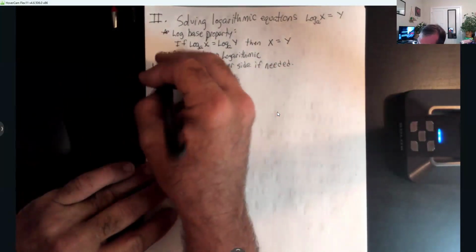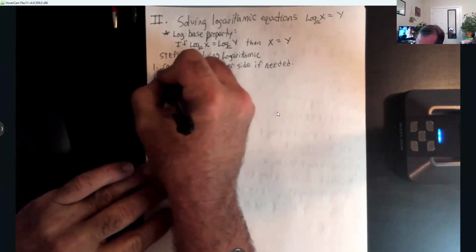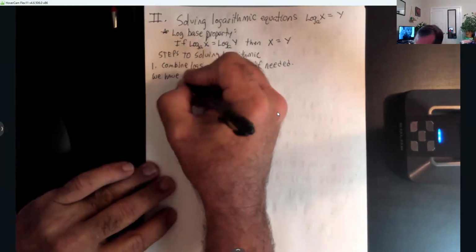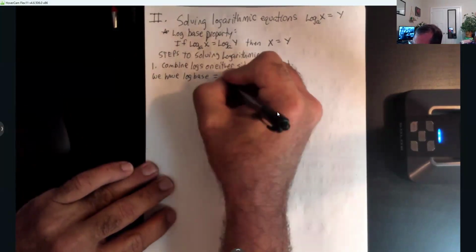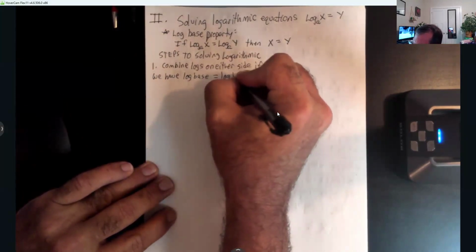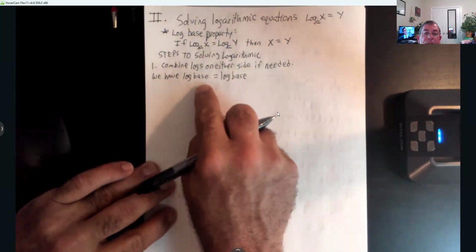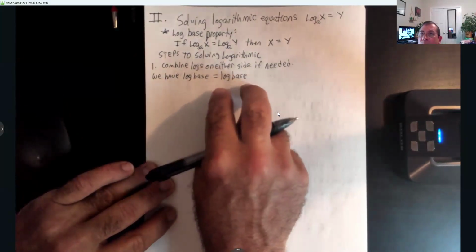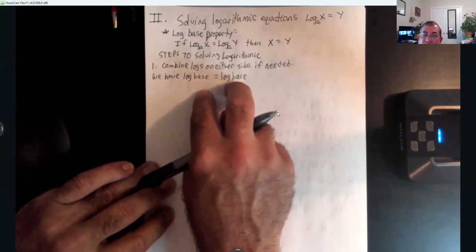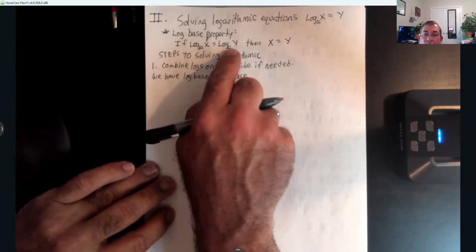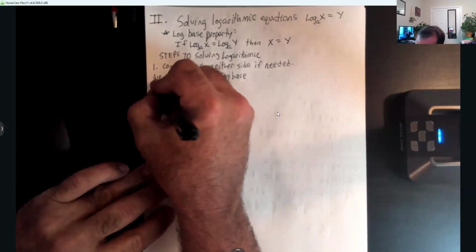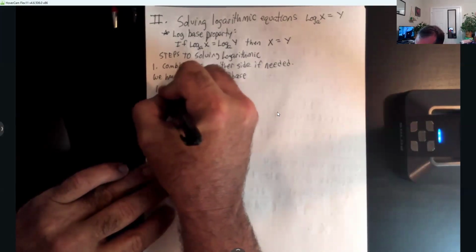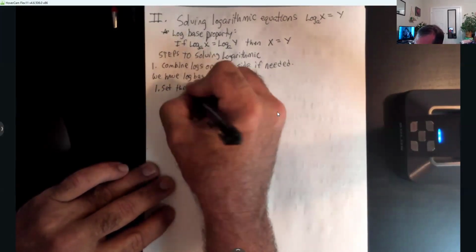you got two cases that can happen. We have a log base equal to a log base. So this is sort of like if I got a base equal to a base on each side, do an exponential. If I got a log base equal to a log base, then set the results equal to each other.